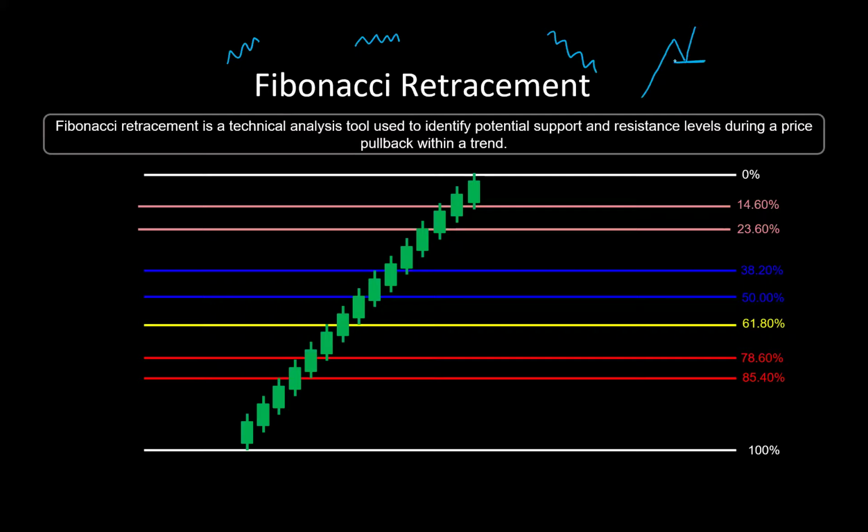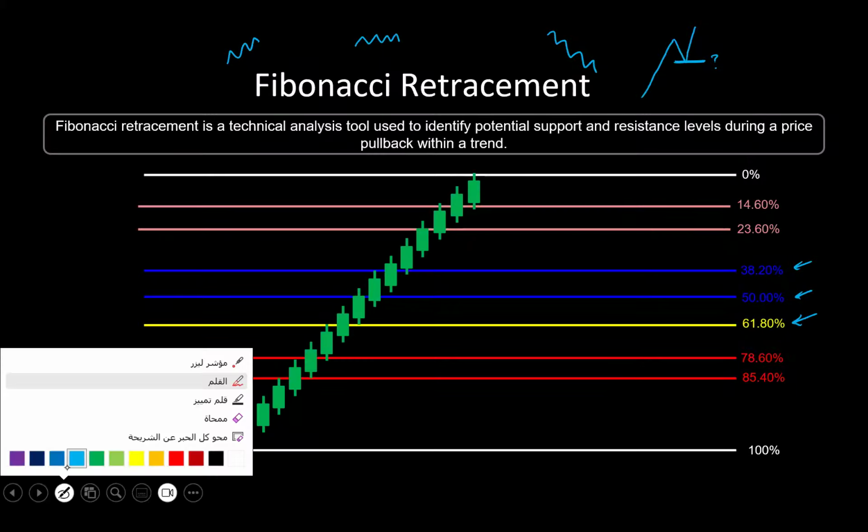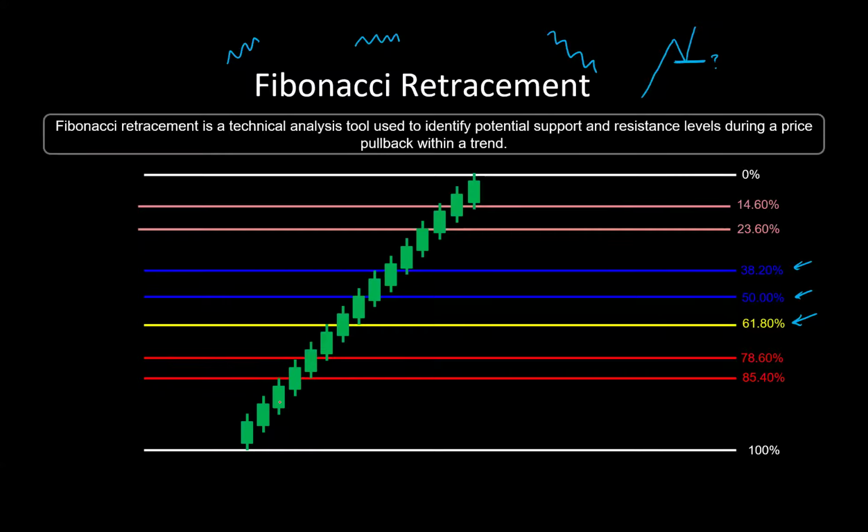Now, this pullback level is going to be one of the Fibonacci percentages. The price will never continue to push higher like this. The price will go down to one of these levels.